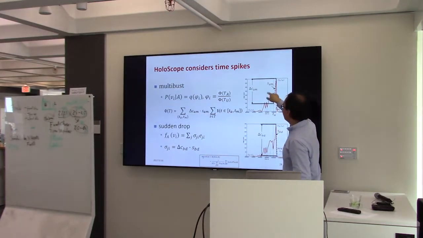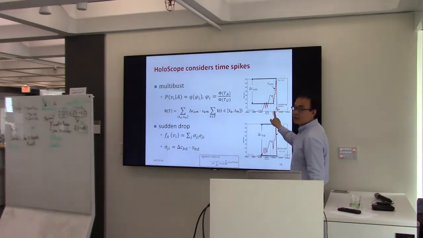So we weight by distance and calculate how many edges from A are located in this time period.